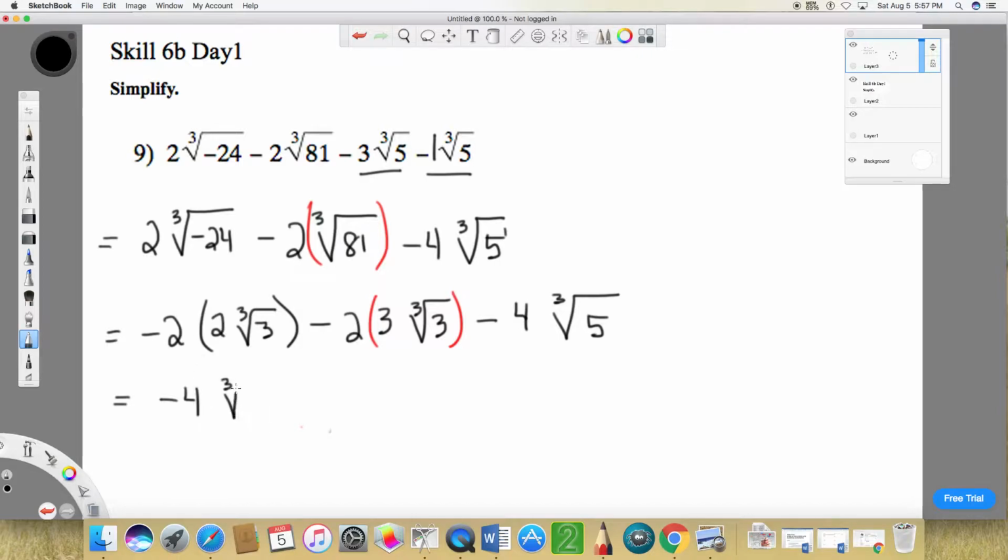And notice we have a cube root of 3. And a negative 2 times a positive 3 is a negative, we're subtracting 6. And again, we have a cube root of 3. Now over here, we have the oddball. It's not a cube root of 3. We've got a 5. So it's these two that are like terms, and this one is unlike those two.